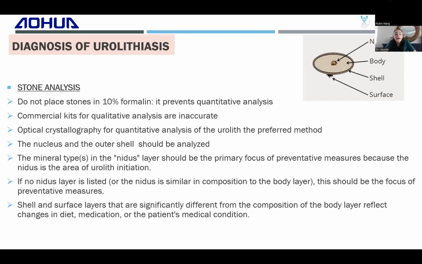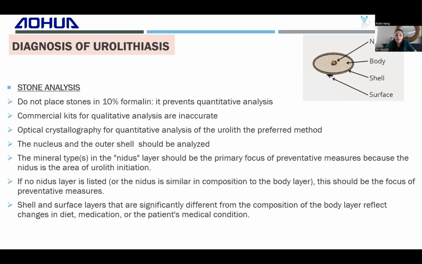Okay, let's say that no nidus layer is listed. If we have a mixed urolith, for example, we said that sometimes the nidus cannot be identified, okay? So if no nidus layer is listed or the nidus is similar in composition to the body layer, then our next best option is to treat for the body composition.